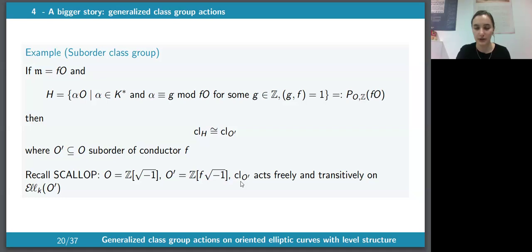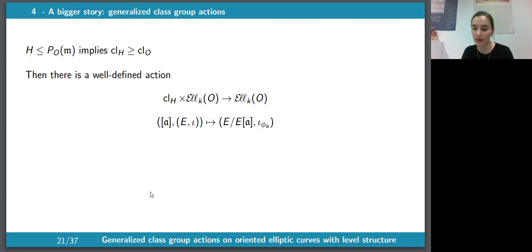And we have the class group of O' that we can now view as a particular case of a generalized class group, acting freely and transitively on primitively oriented elliptic curves by O'. Now, notice that a congruence subgroup is a subgroup of P_O(M), which implies that in general, a generalized class group is bigger than the class group of O.